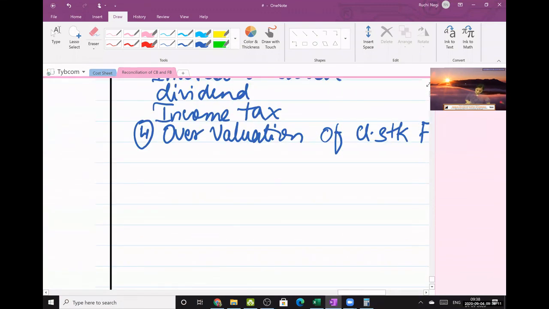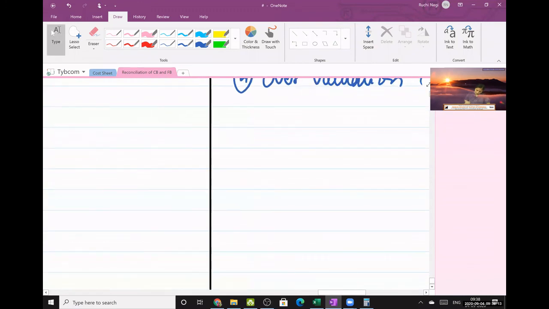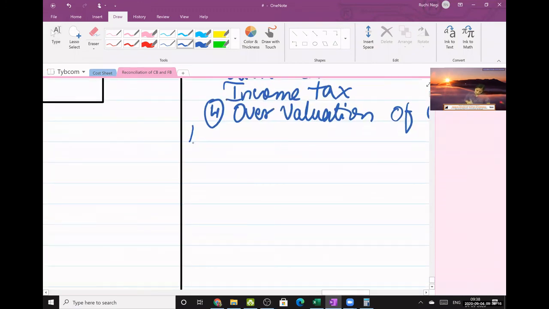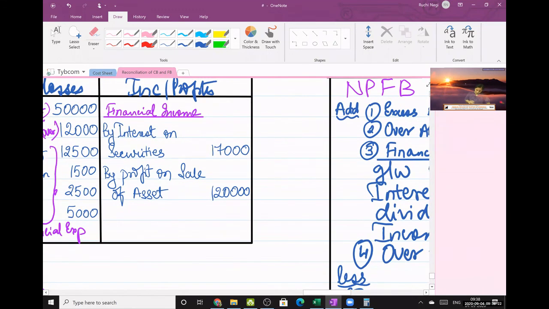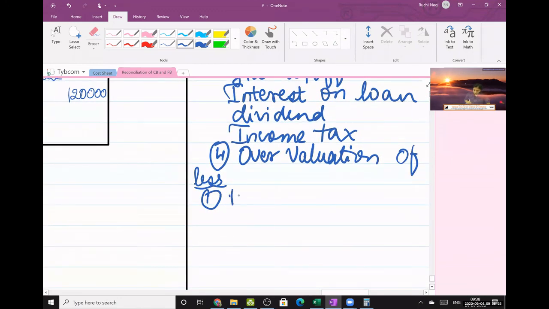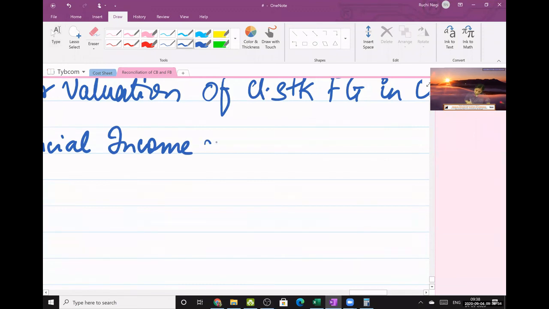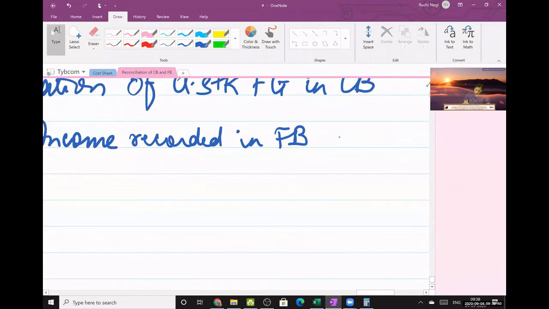Next, less. What is to be subtracted? Financial income. Okay, so right now, financial income recorded in finance books only. Okay.